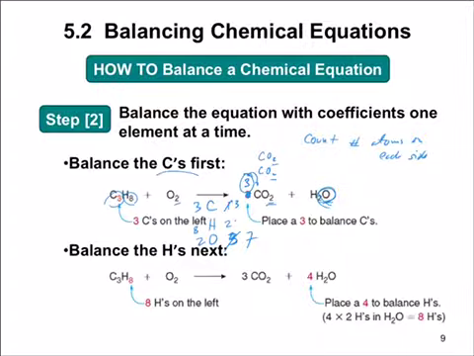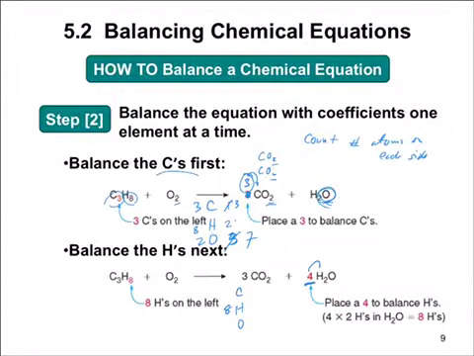Now, we're going to balance hydrogens next. I've got 8 hydrogens on the reactant side and 2 on the product side. So I'm going to put a 4 in front of the water. That now makes 4 times 2 is 8. So let's check my carbon, hydrogen, oxygen.